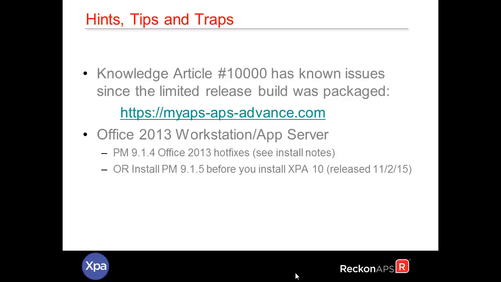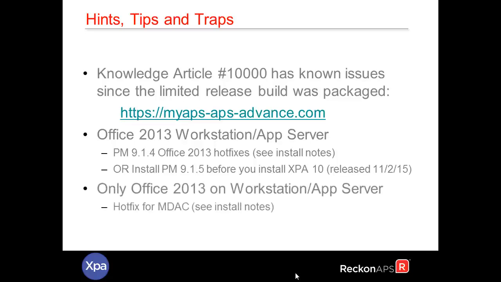This should be available from your release champions. Another Office 2013 component, if the only version of Office is 2013, it does require Microsoft Data Access Component 12. These are also available in the links in the installation notes.